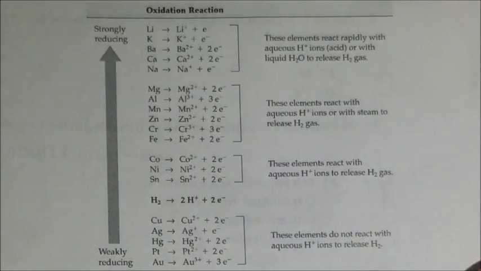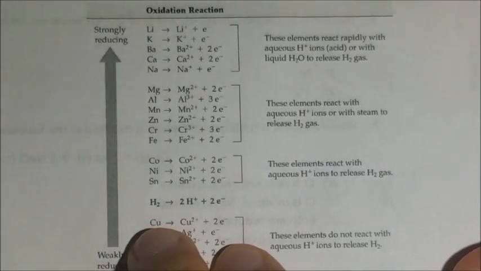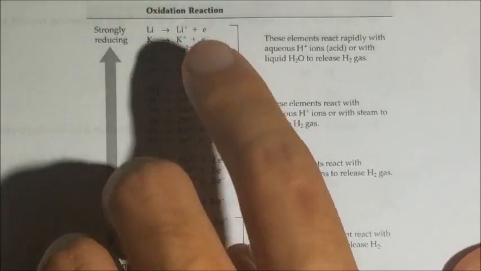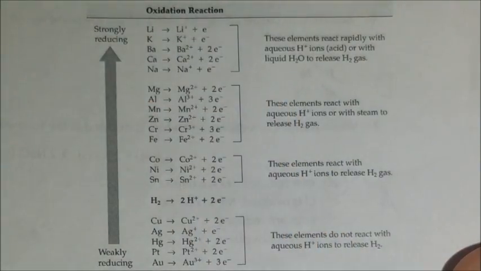By doing so, it's giving that electron to something around it that can accept it. So by having something around it that can accept that electron, it is reducing its surroundings.